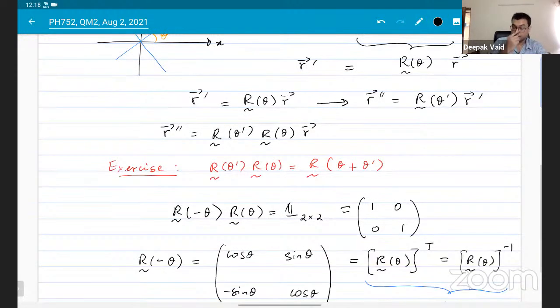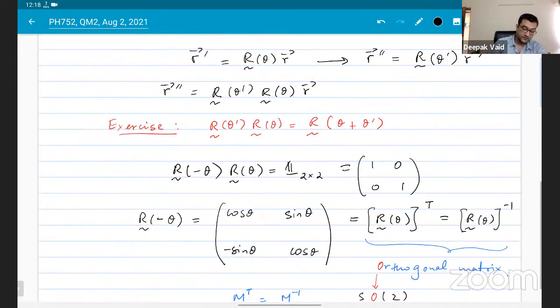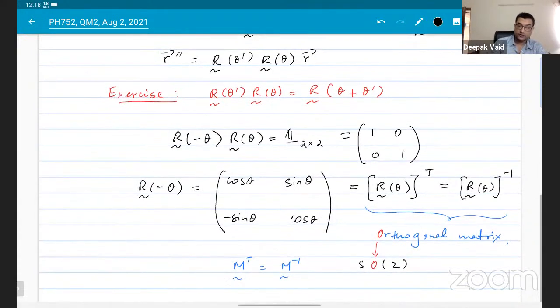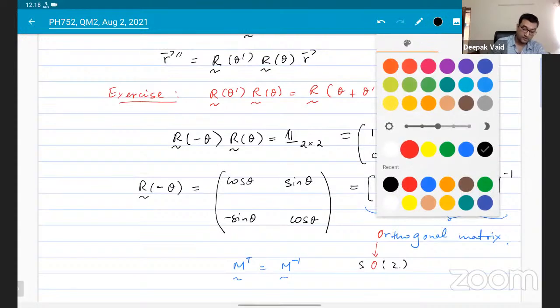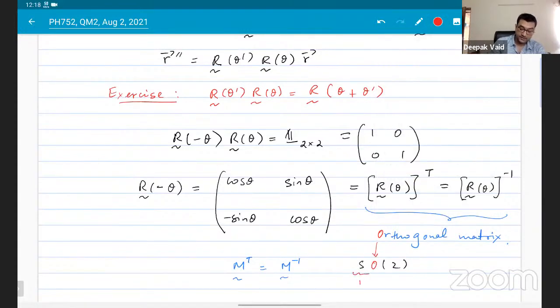So you have the set of 2 by 2 orthogonal matrices. But there is one more restriction on these matrices, which comes from this S. S stands for special. And what it means is that the determinant of the matrix is equal to +1.